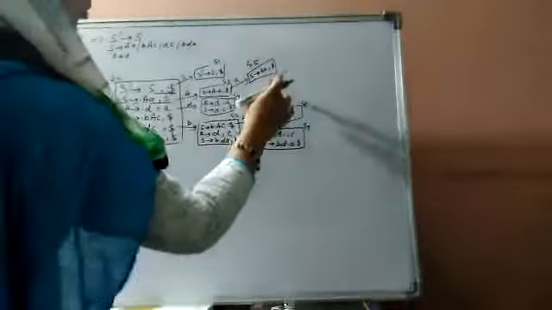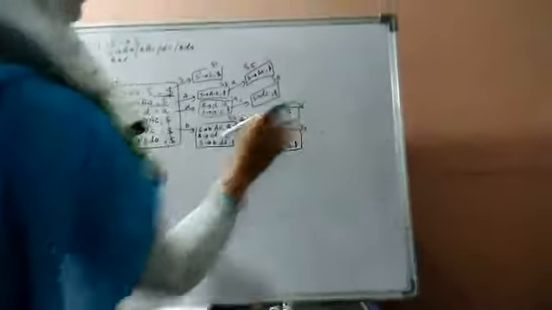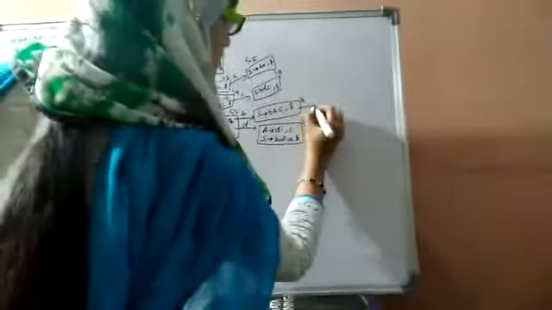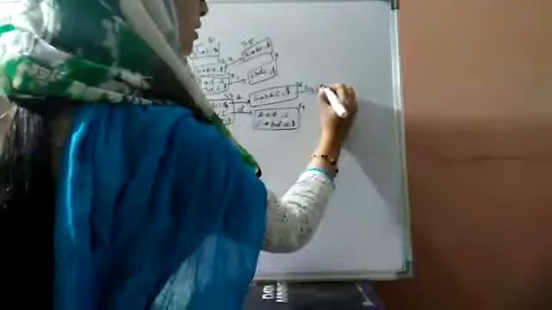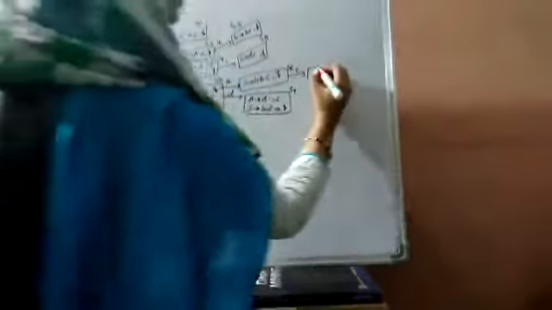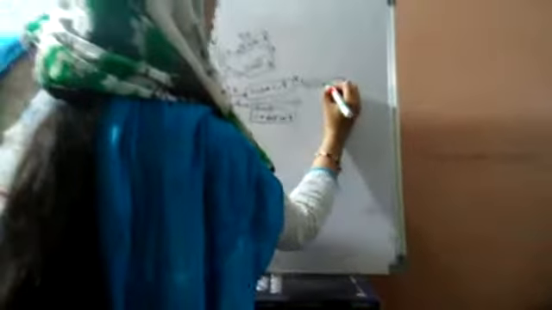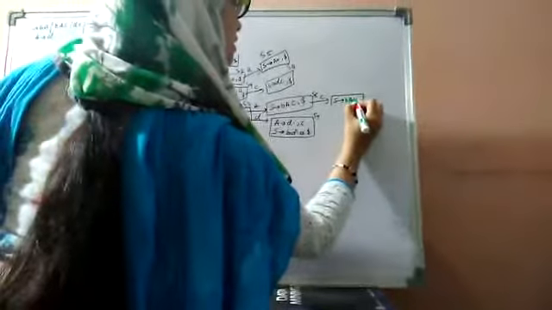Now we will check where the dot can be moved. From here, C, S, B, A, C dot dollar.